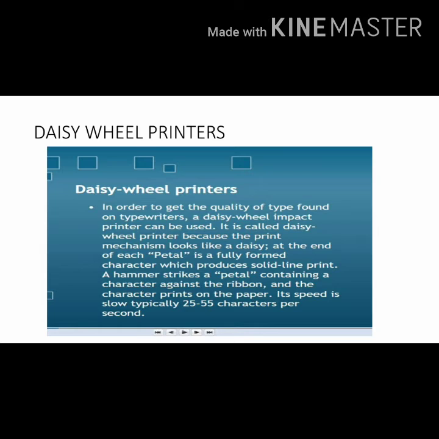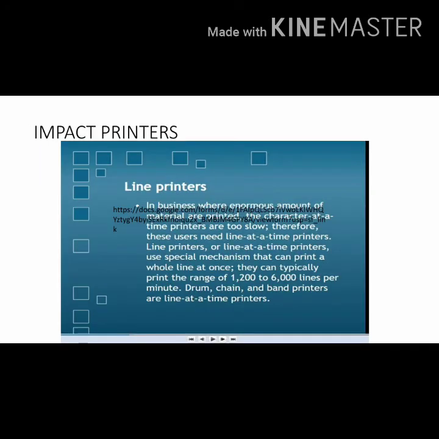At the end of each petal is a fully formed character which produces solid line print. A hammer strikes a petal containing a character against the ribbon, and the character prints on the paper. Its speed is slow, typically 25 to 55 characters per second. Nowadays, we cannot see daisy wheel printers.